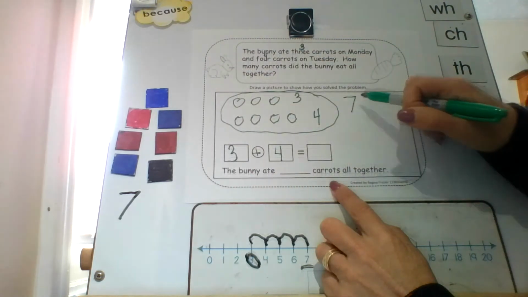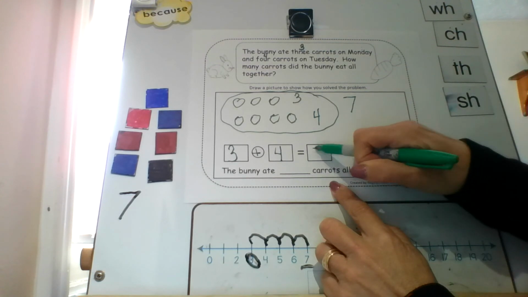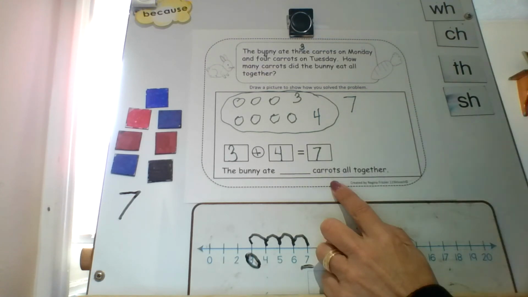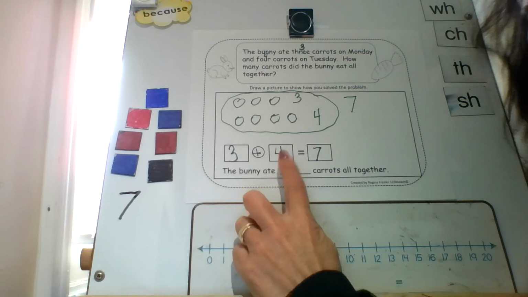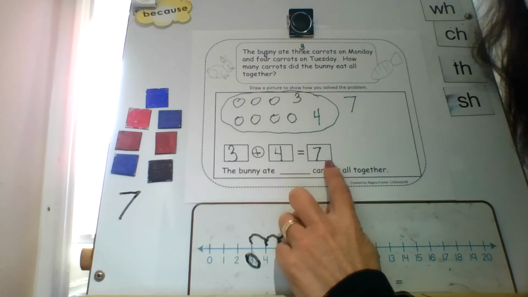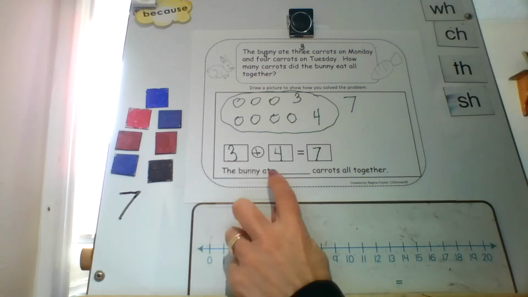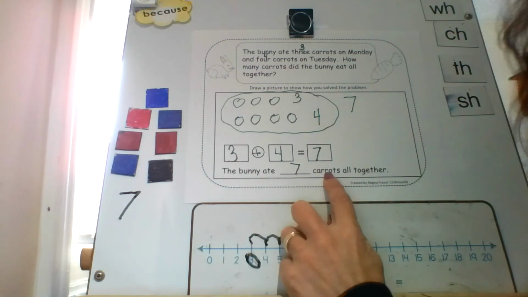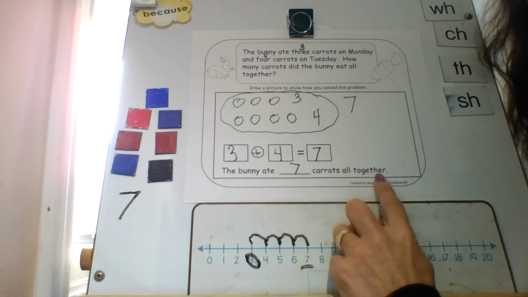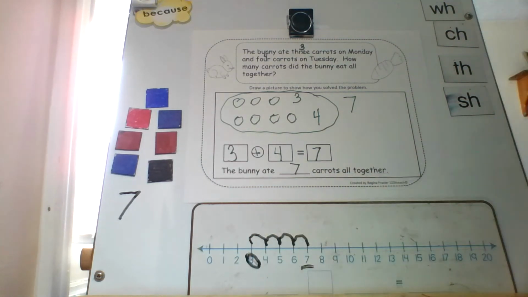And all together, if I count them up, it equals 7. So my equation, 3 plus 4 equals 7. So the bunny ate 7 carrots all together. Nice work.